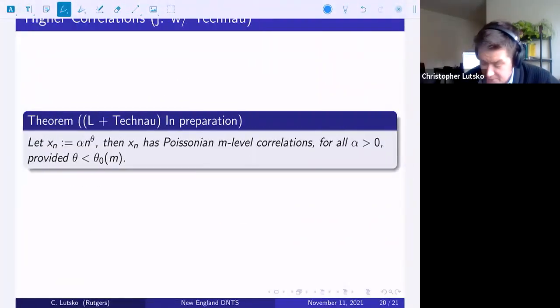And a theorem which is in preparation, we have the mathematics, we're sort of optimizing and writing, is that this sequence x_n, which is alpha n to the theta mod 1, has Poissonian M-level correlations for all alpha greater than 0, provided theta is less than some upper bound.